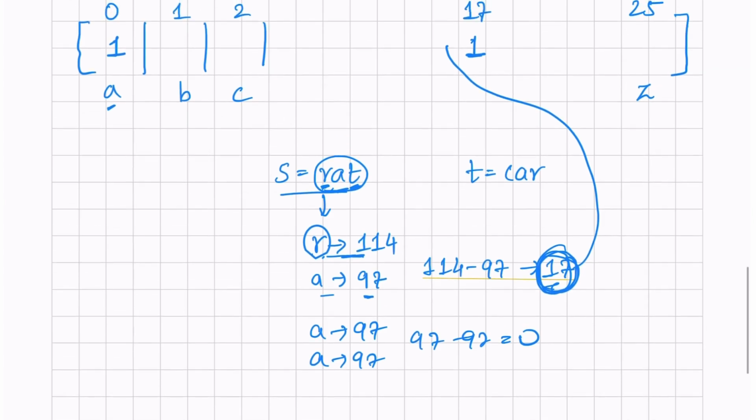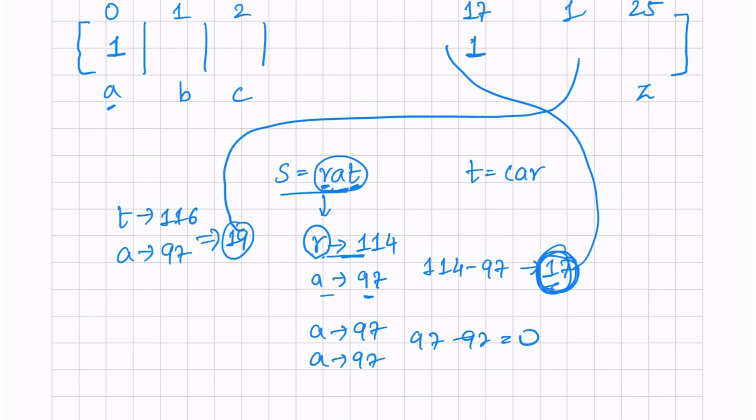So T is 116 and A is 97. If you subtract, 116 minus 97, you get 19, and that becomes your index for T. So this is the 19 slot, and we update this to 1.